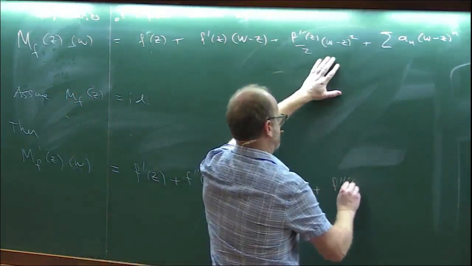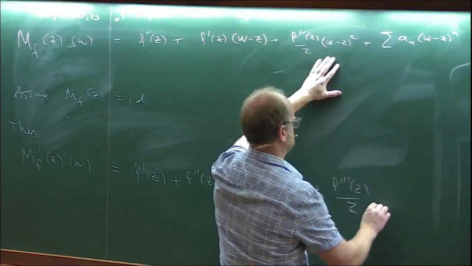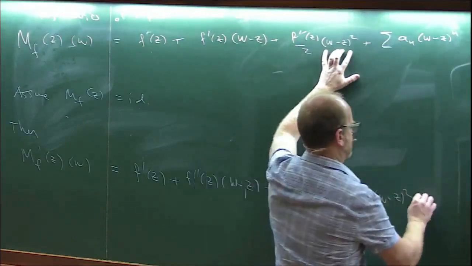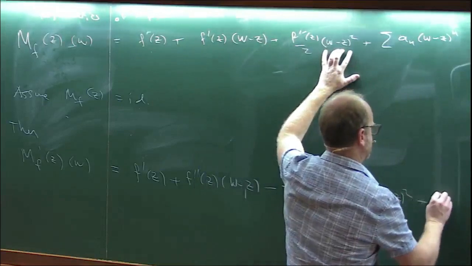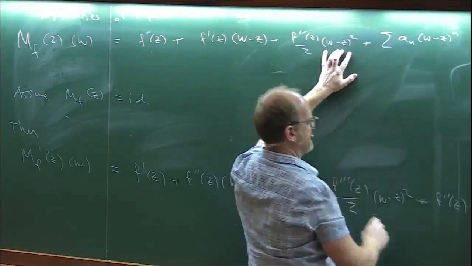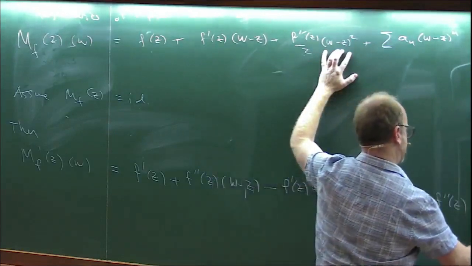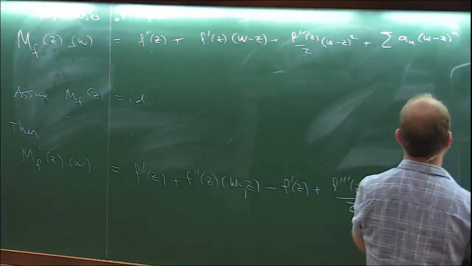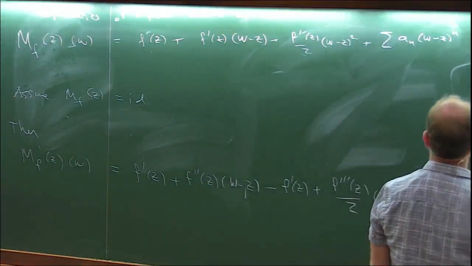Here we'll have the third derivative. And now I need to differentiate this, and I get a negative second derivative. The 2's cancel out. Plus all these other terms here.